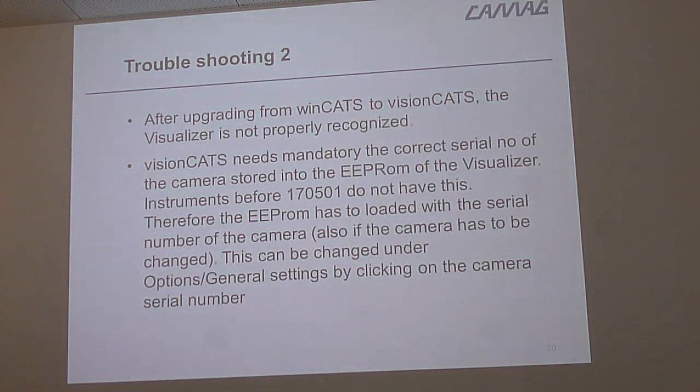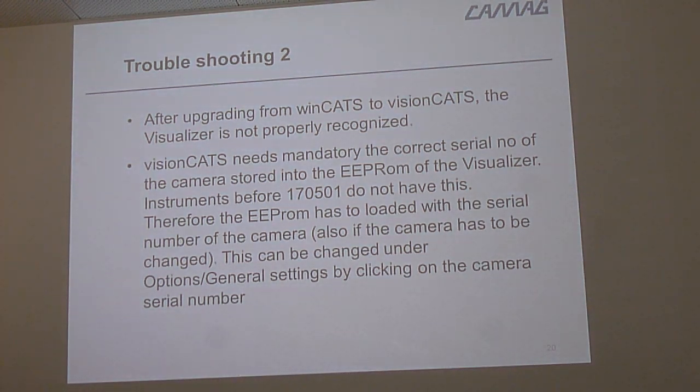Now, there can be two different problems. One problem could be that the visualizer is an old visualizer before 2010, and before 2010 we did not burn the EEPROM with the serial number of the camera because we didn't know that that was needed. From 2010 on, this was made, no problem.